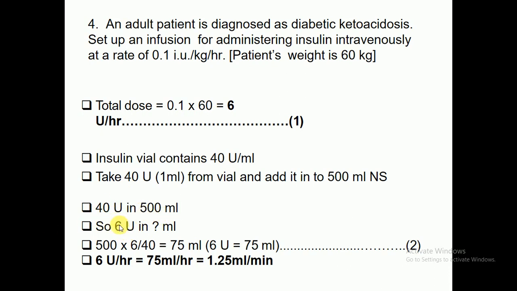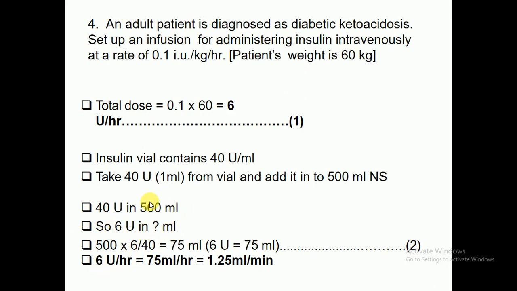So let's suppose 40 units are diluted in 500 ml. The total dose becomes 6 units, so 6 units will be dissolved in how many ml? This is a very simple calculation.